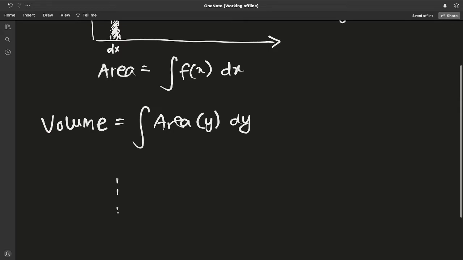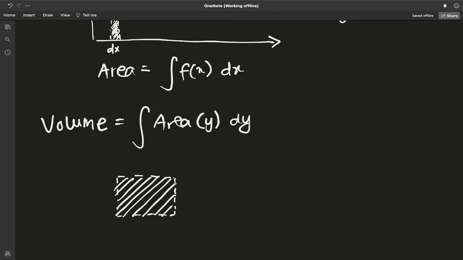Consider this square in the xz plane. So the area of that is just xz. So the area function, which is a function of y, is xz.